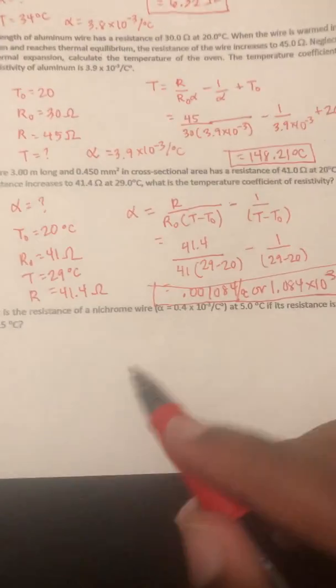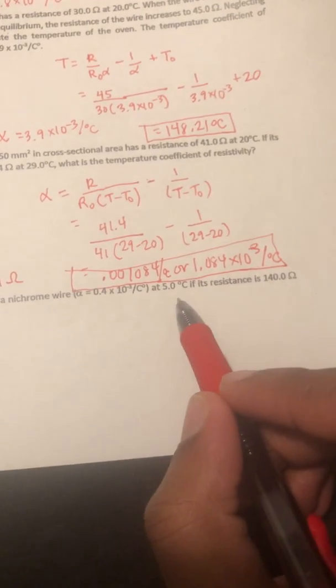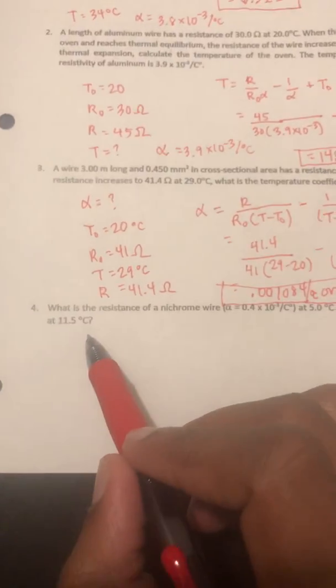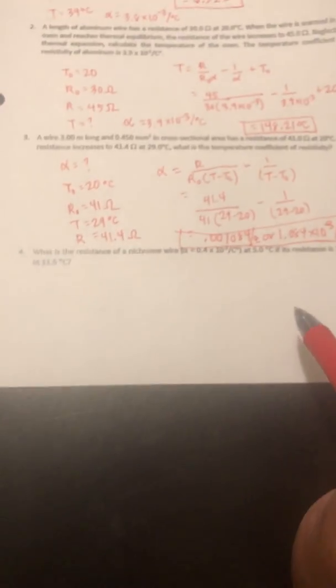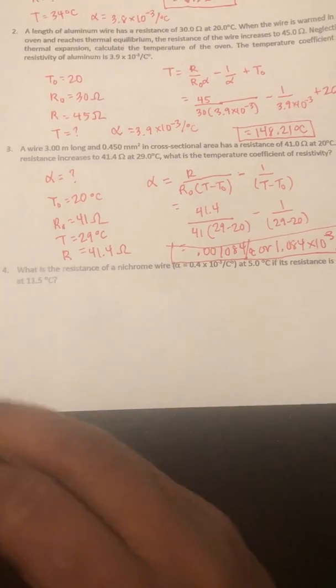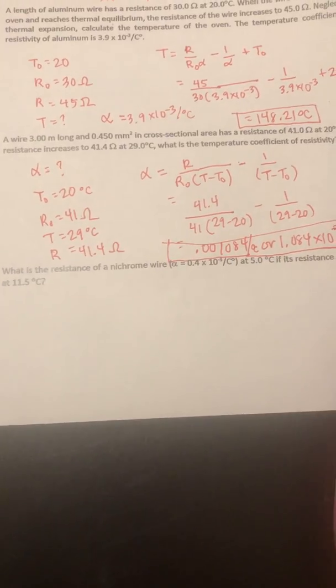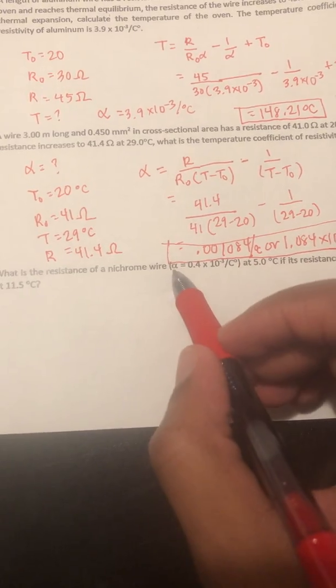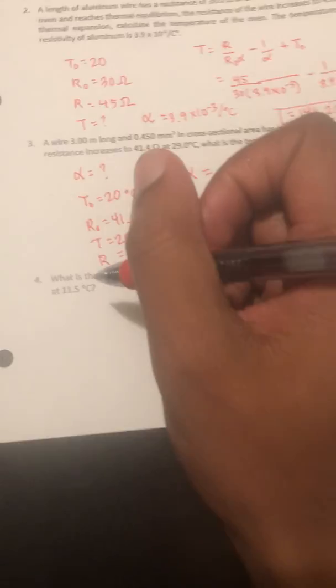Now, what is the resistance of a nichrome wire at 5 degrees Celsius if its resistance is 140 ohms at 11.5 degrees Celsius? This problem is interesting because it doesn't say anything about the resistance at 20 degrees. But we have to use 20 degrees because this alpha is the alpha that's for room temperature.